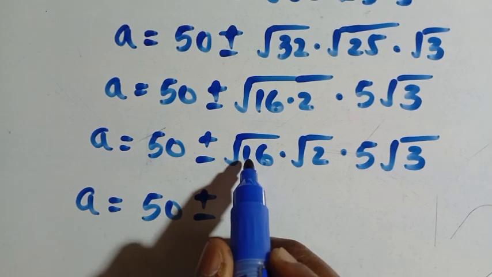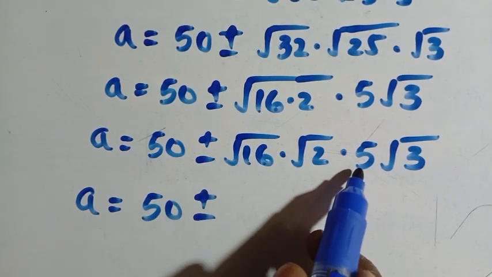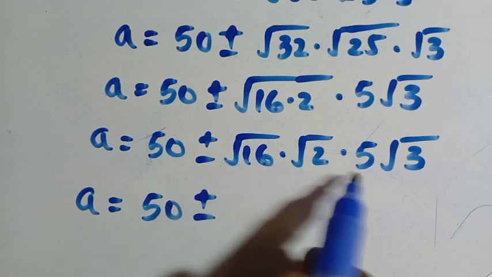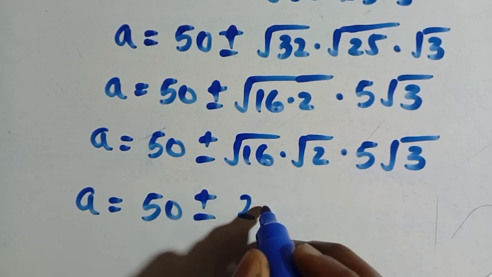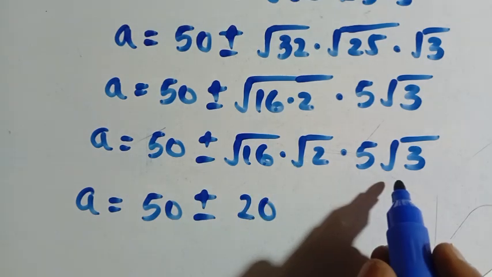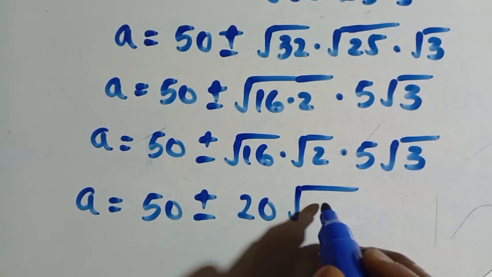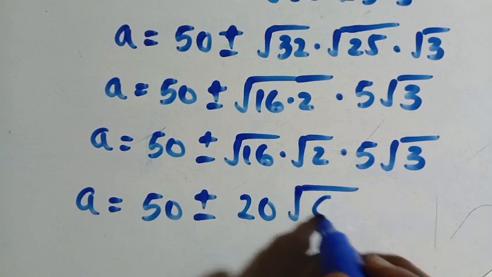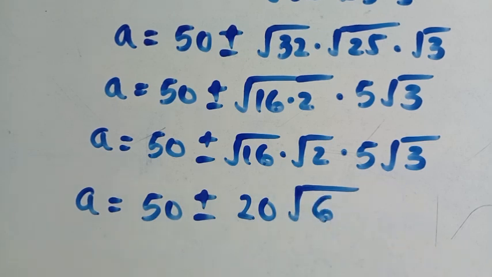Square root of 16 is 4. Then we have 5. When we multiply 4 and 5 together, we are going to have 20. And then square root of 2 multiplied by square root of 3 gives us square root of 2 multiplied by 3, and we get it as 6.